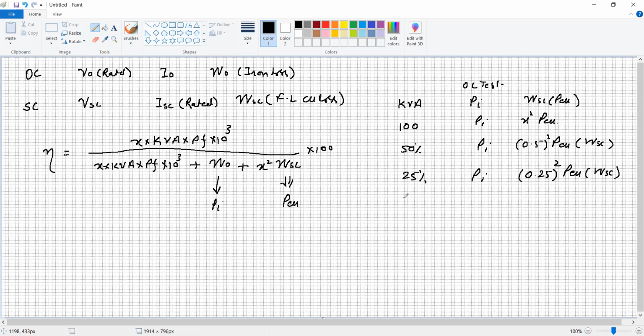Similarly, for a 10% overload, that is 110%, the iron loss will remain the same, whereas it is 1.1 square into PCU, that is WSC. So at any desired load condition, either 50%, 70%, or 80% overload, the iron losses will remain the same, as found from the open circuit test.